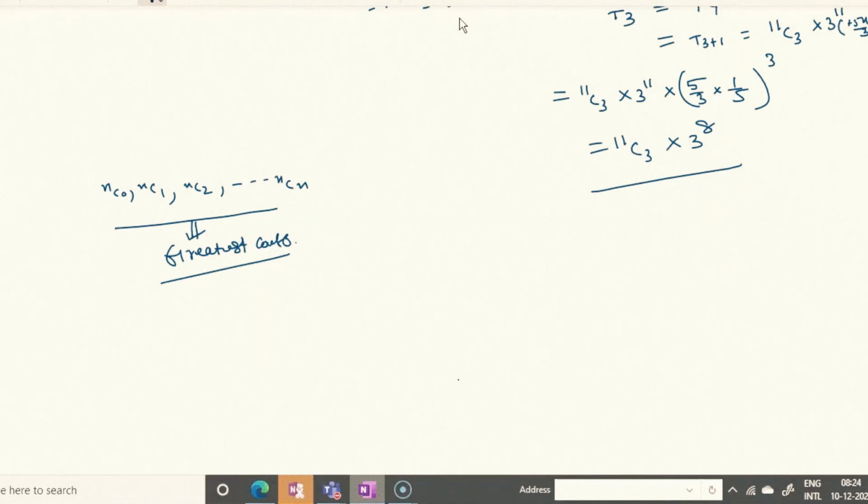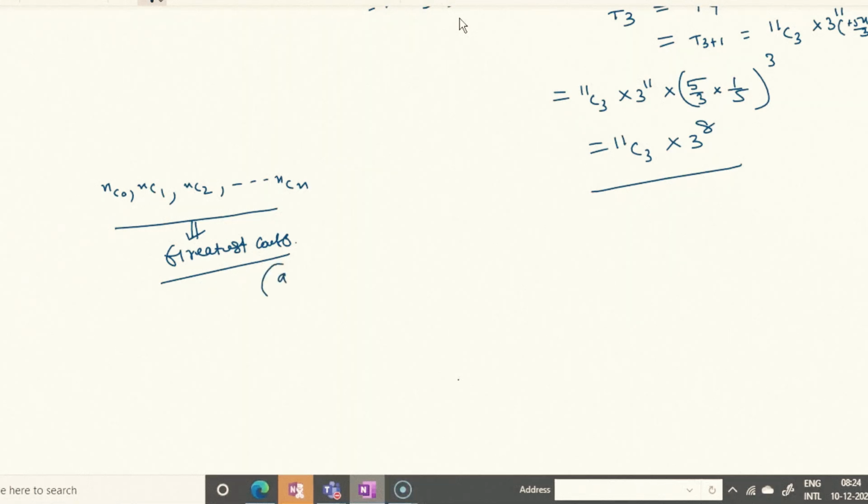So it depends on n is even or odd. We will start in the same manner, that let coefficient nC(r plus 1) be greater than or less than equal to nCr. From there we will reach that result. So I'm not going to derive that.